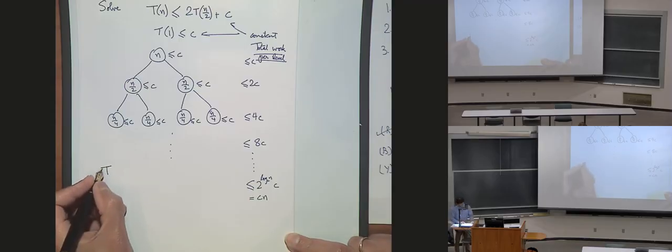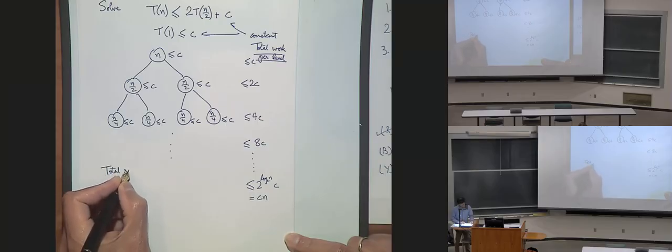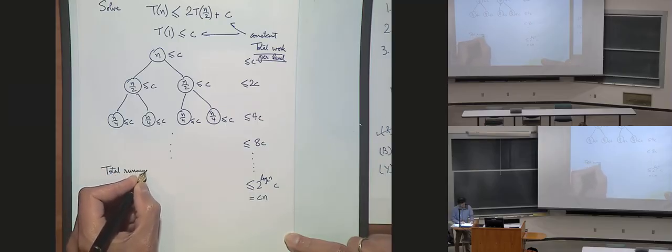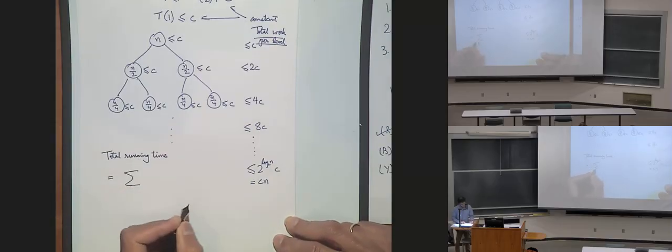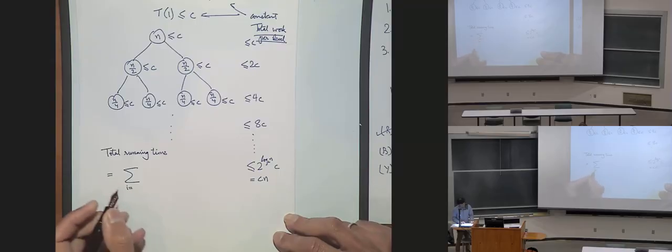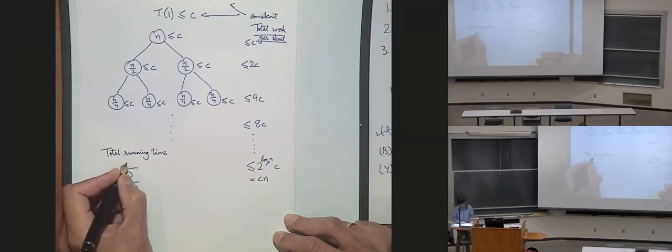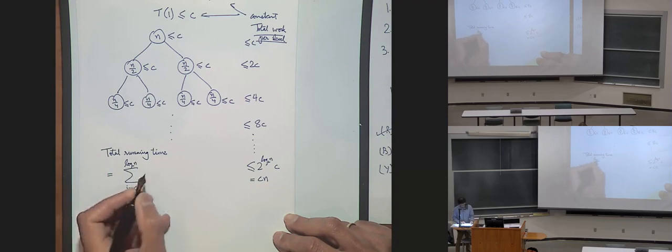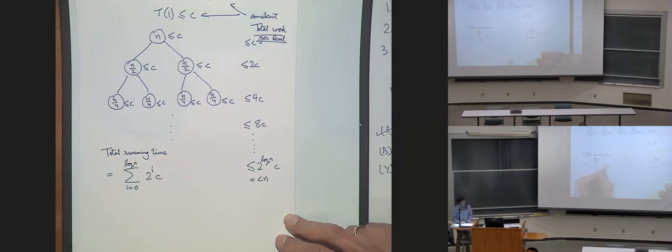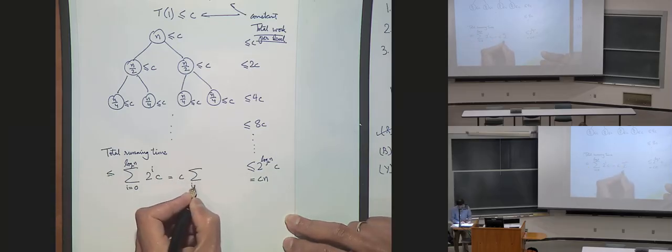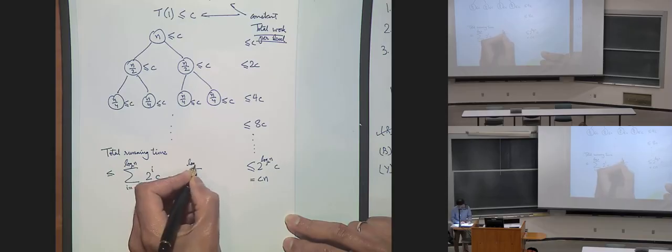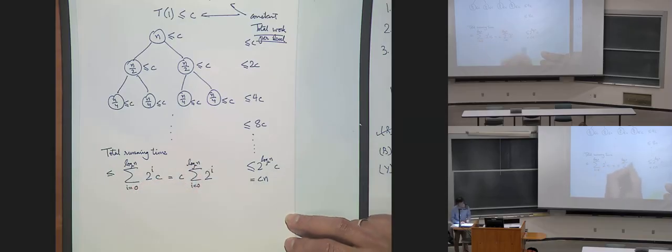So the total running time is equal to the sum over all i going from 0 to log base 2 of n of 2 to the i times c, which is equal to c times the sum of i going from 0 to log base 2 of n of 2 to the i.